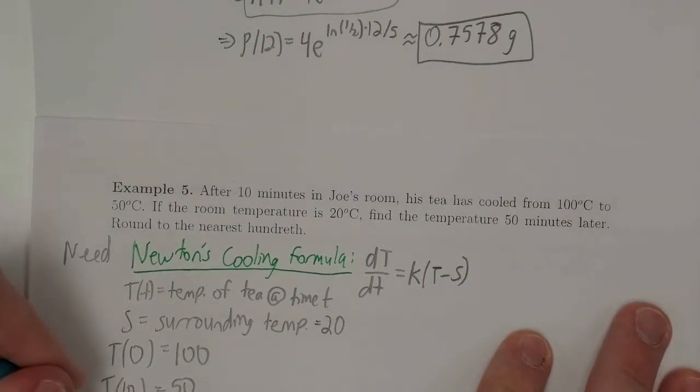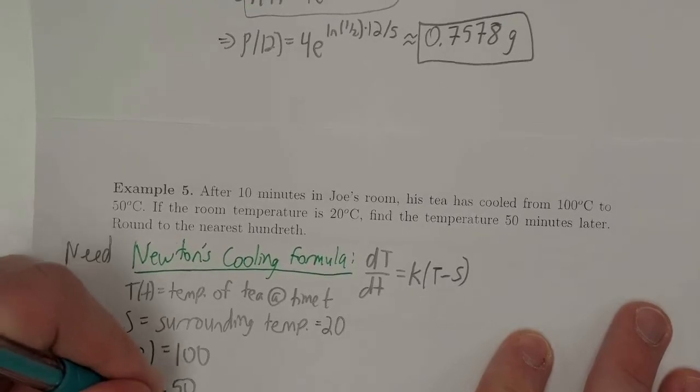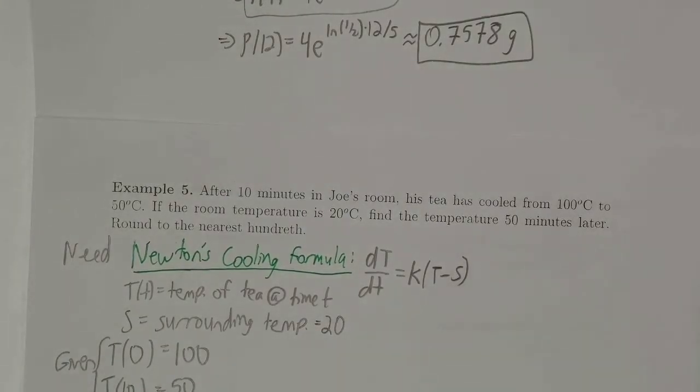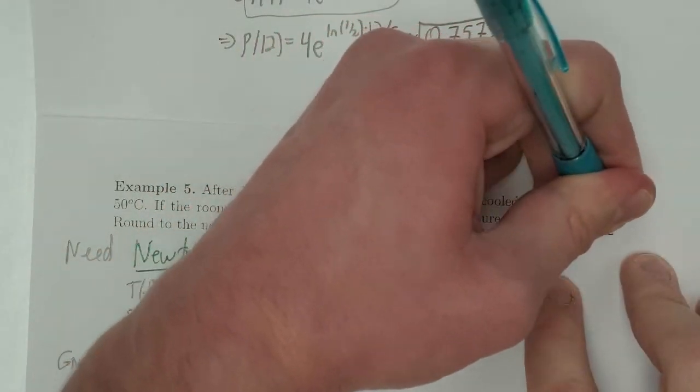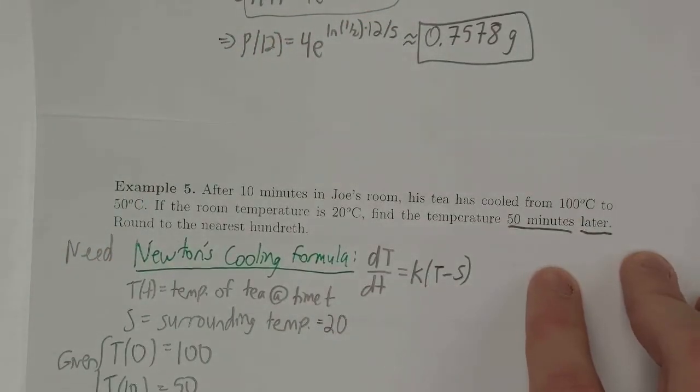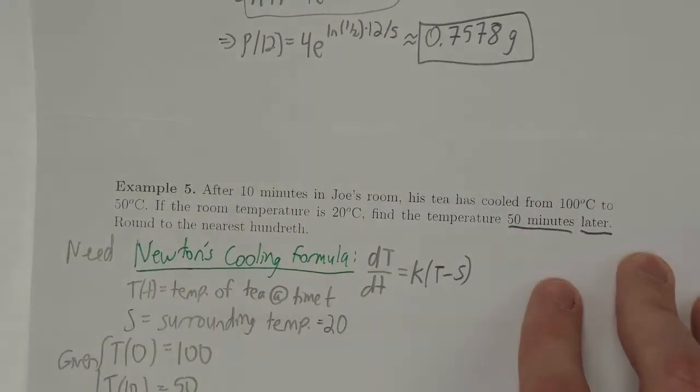Okay? So that means that we're given this, and then we need to find T at what time, if t is in minutes? Yeah, T of 60, right? Because we need the temperature 50 minutes later. So 50 minutes past the 10 minutes that have already happened. So we need to find T of 60.